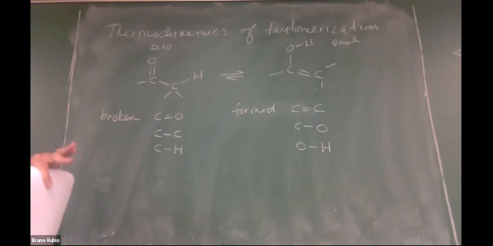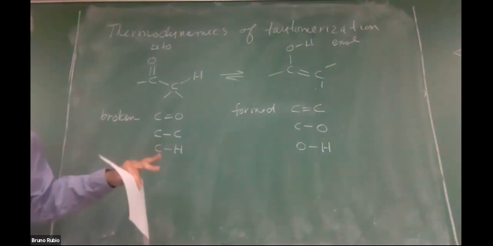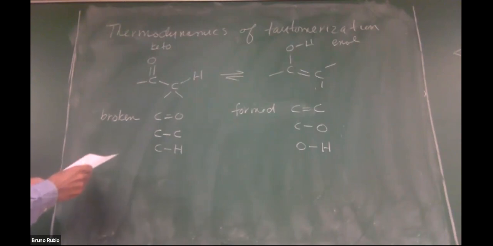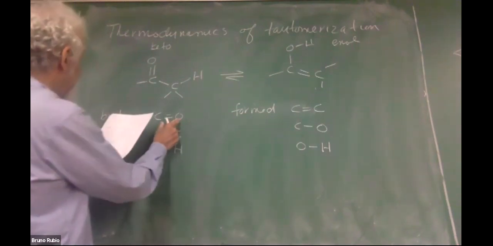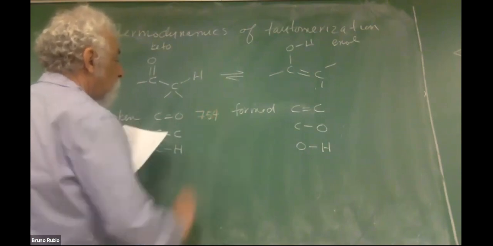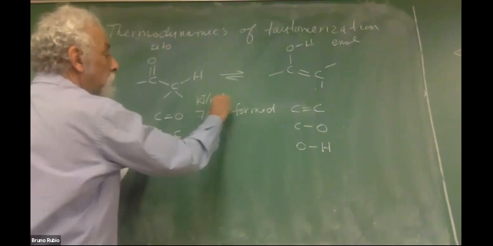Okay, and now what I do is I jump on the internet or go to the library and look up the bond strengths of each of these bonds. Okay, the carbon-oxygen double bond, that is worth 754. This is kilojoule per mole.